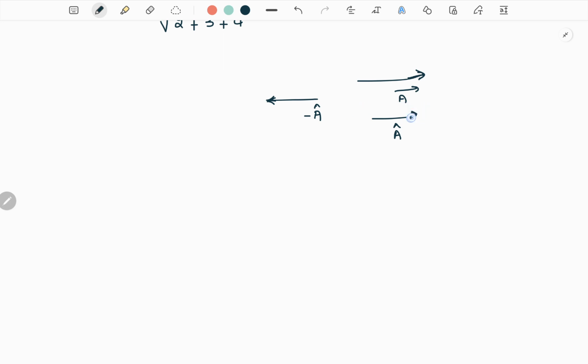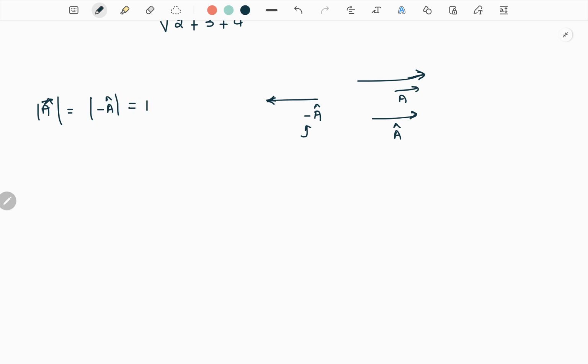So if the unit vector in the right direction is a cap, the unit vector in the opposite direction would be minus a cap. The minus tells us the vector you have taken, minus a cap, is in the opposite direction of a cap. Both a cap and minus a cap have the same magnitude, which is equal to 1.